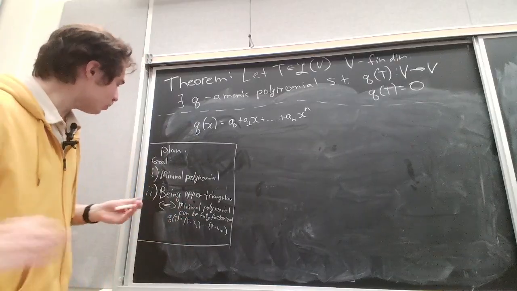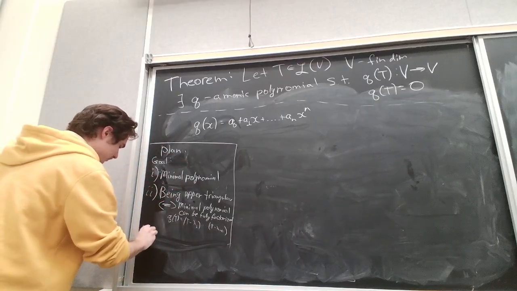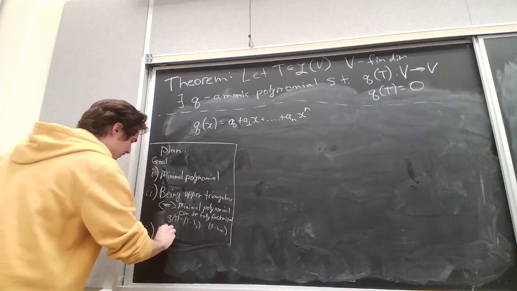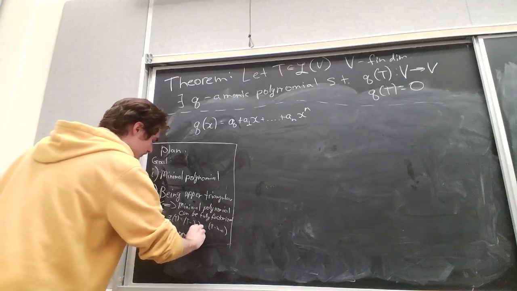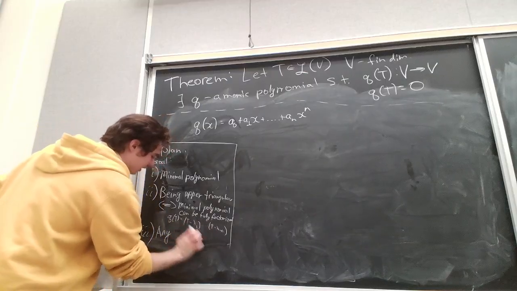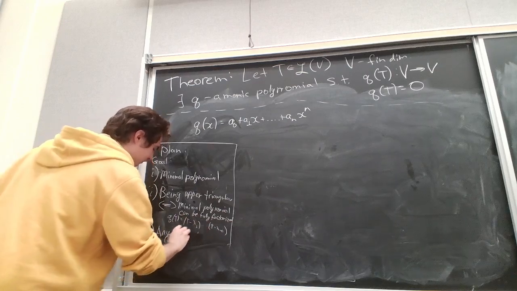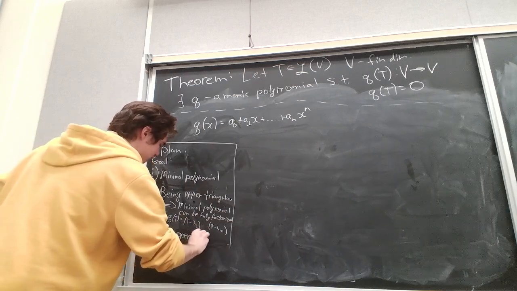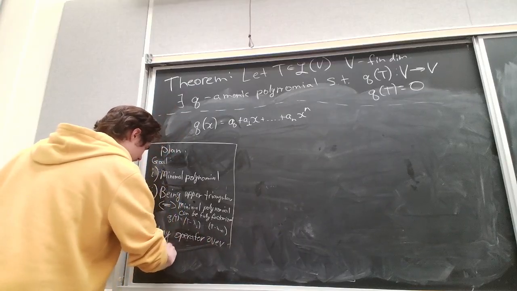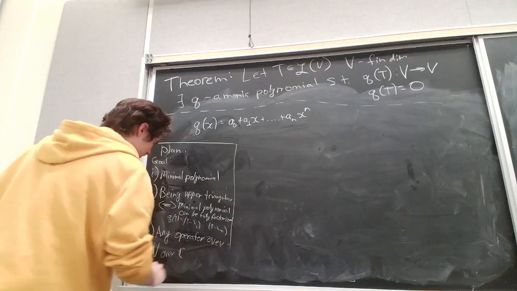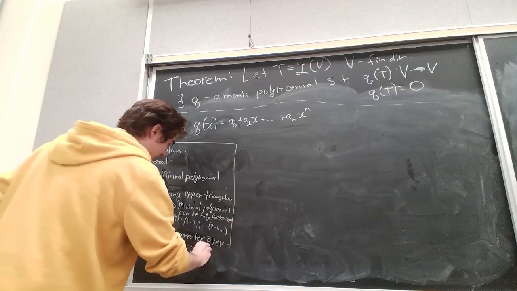And we will then conclude that any operator over V over the complex numbers is upper triangular.